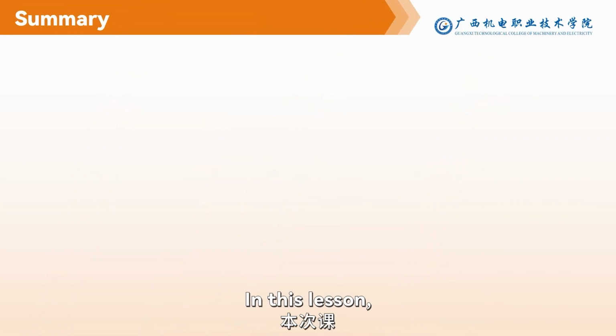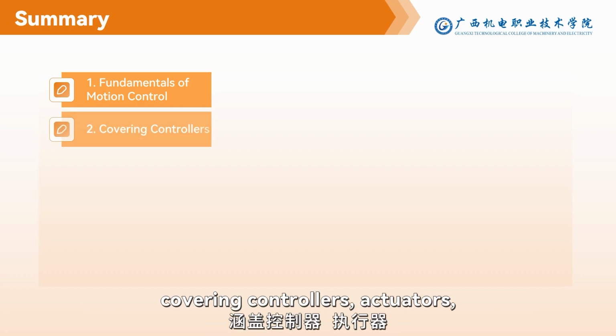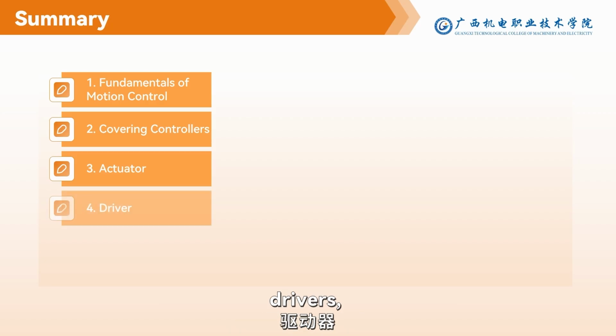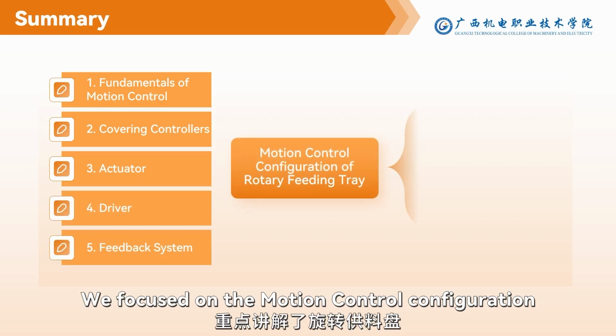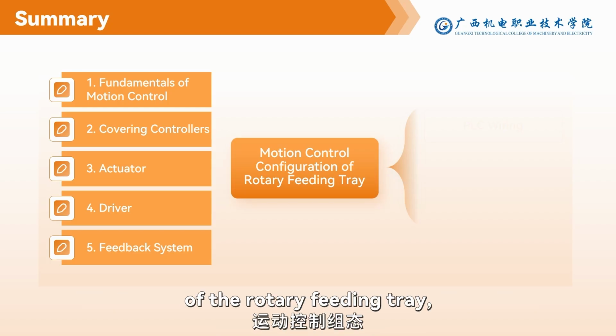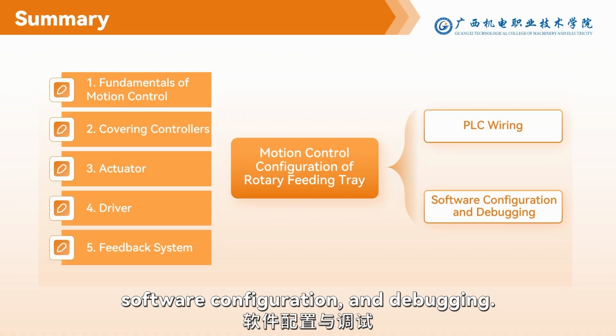Everyone, in this lesson, we learned the fundamentals of machine control, covering controllers, actuators, drivers, and feedback systems. We focused on the motion control configuration of the rotary feeding tree, including PLC wiring, software configuration, and debugging.